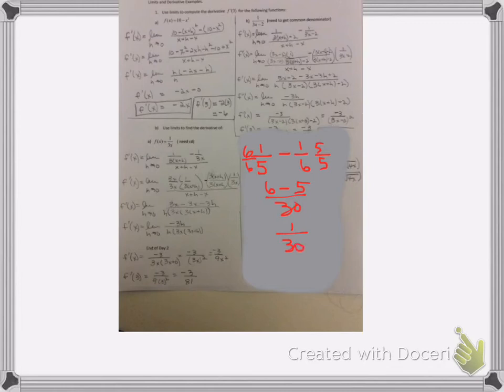So I'm doing the same thing when I do this kind of multiplication. You're allowed to do this because you're really not changing the value, you're just changing how something looks. So 1/5 minus 1/6 is the same as 1 over 30, which is the same as 6 over 30 minus 5 over 30, which is a lot easier to deal with because you have a common denominator.